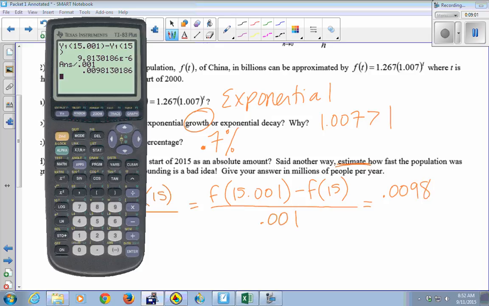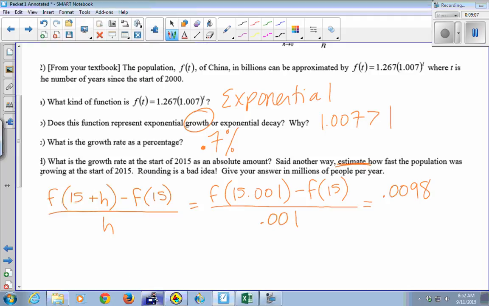And what are my units on that? Billions of people per year. Yeah, so that's in billions, so I'll write billions here of people per year.